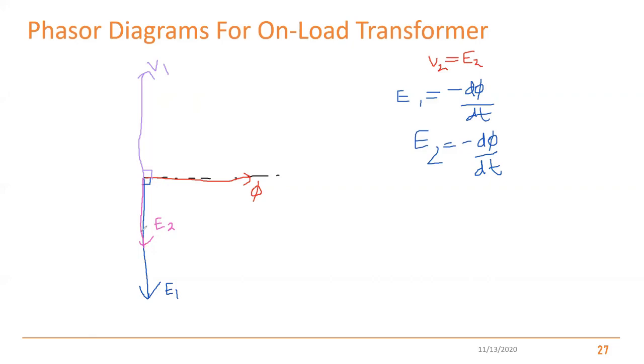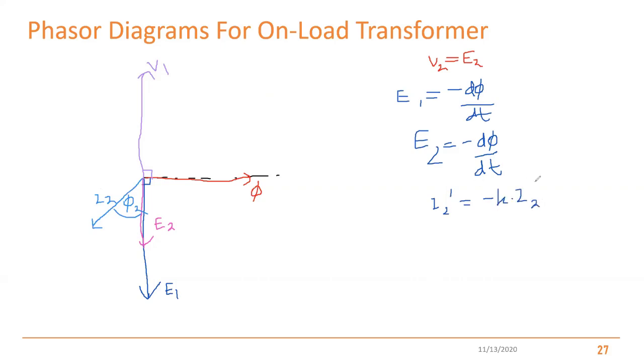Therefore, if we consider an inductive load, that means the current waveform is lagging, so I can draw I2 like this. This is the secondary power factor angle. As we derived earlier, I2 dash is minus K times I2.